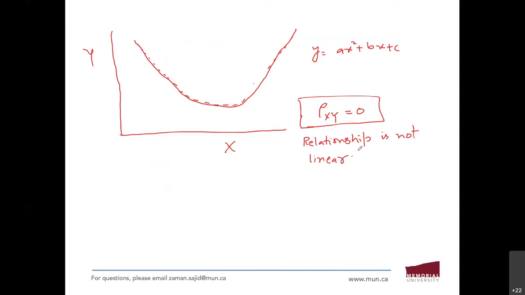Now when your correlation is 0, a correlation of 0 means there is no linear relationship between x and y. It does not mean there is no relationship, it only means there is no linear relationship.